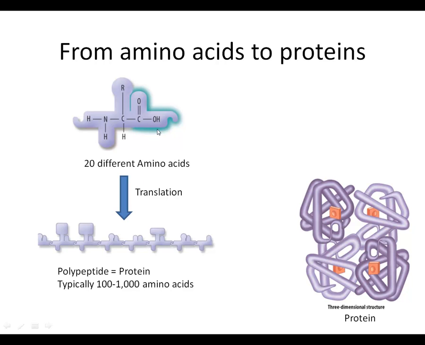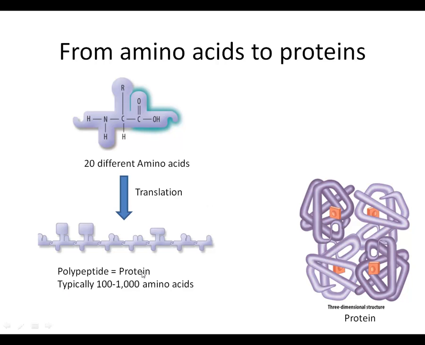So these 20 different amino acids are put into a chain. And this chain is what we call a protein. Another term for this is polypeptide. Usually the reason that we would use the word polypeptide is that we want to emphasize how many amino acids there are.